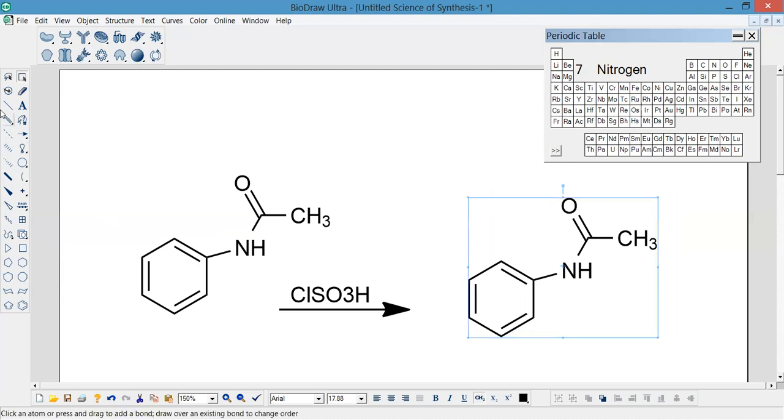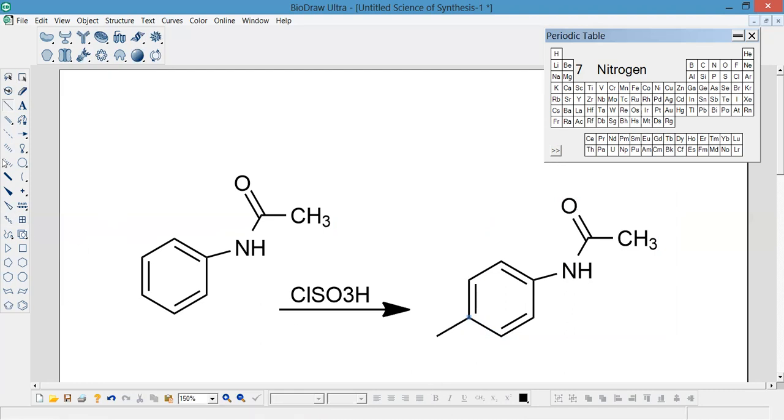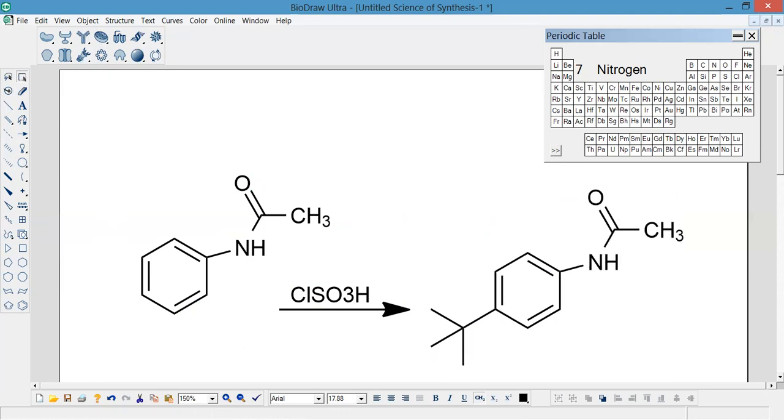Now add the chlorosulfonyl group at the para position like this, the chlorosulfonyl group at the para position.